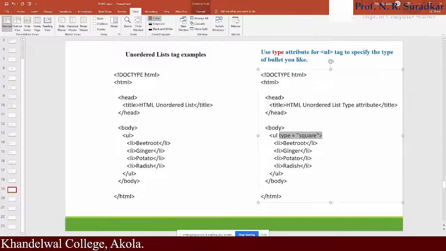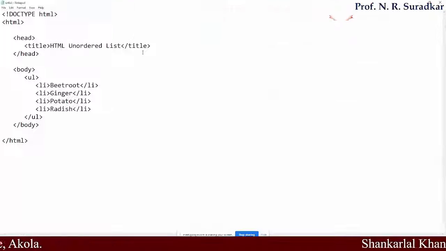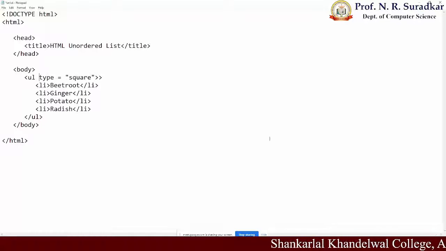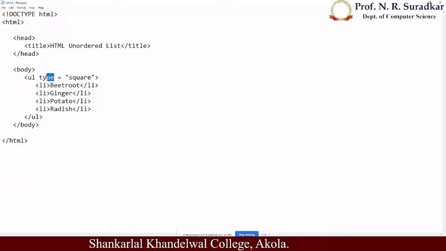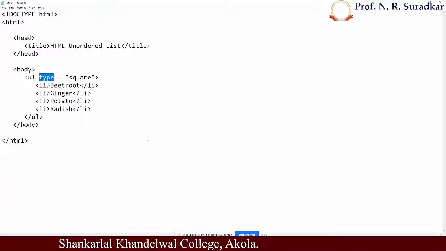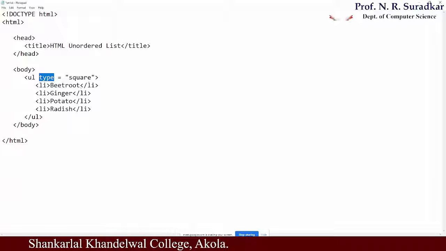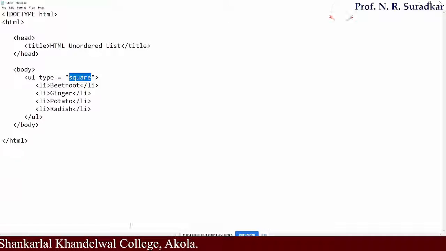I copy the content from here and go to the program, to the unordered list opening tag, add a space here, and make certain changes. In the unordered list opening tag, put type as an attribute and square as a value.